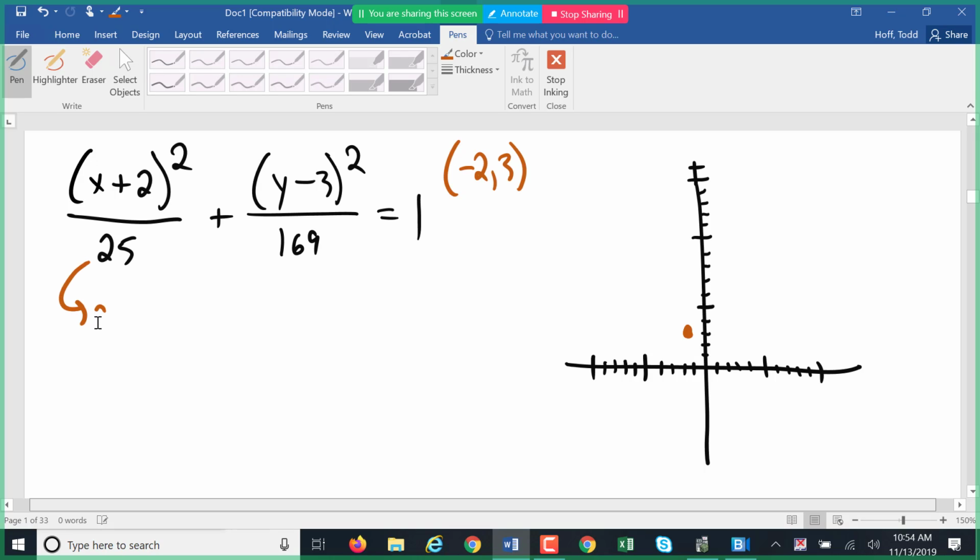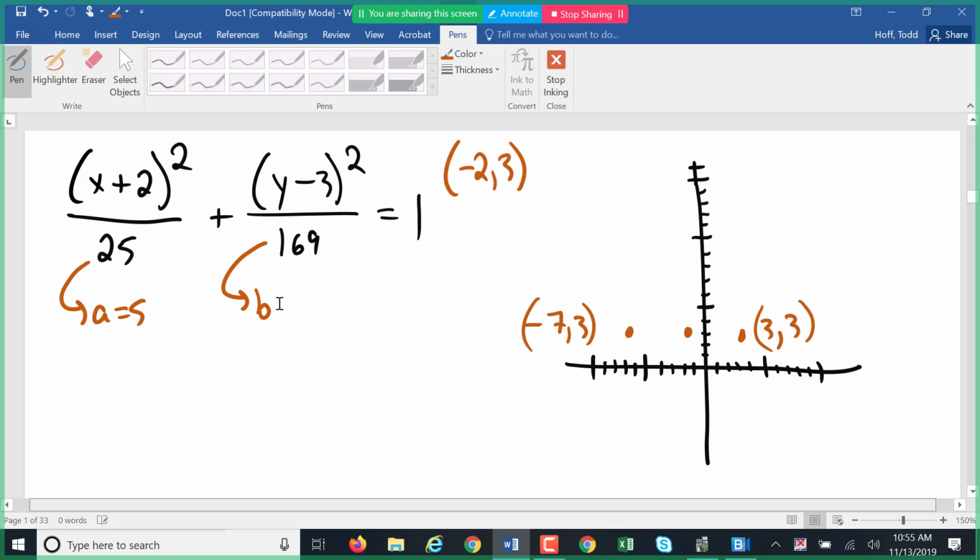A equals 5. So from there I go 5 units to the left. That's going to be at negative 7, 3 for one side of the ellipse. 5 units to the right. That's going to be at 3, 3 for the other side of the ellipse.